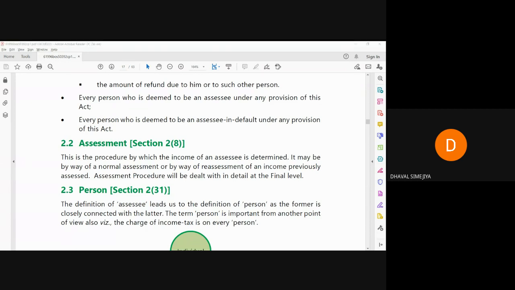Now, you have to think like that. For example, I am running a business. I am earning 10 lakh rupees per annum. Who knows whether I am earning 10 lakh rupees or not?